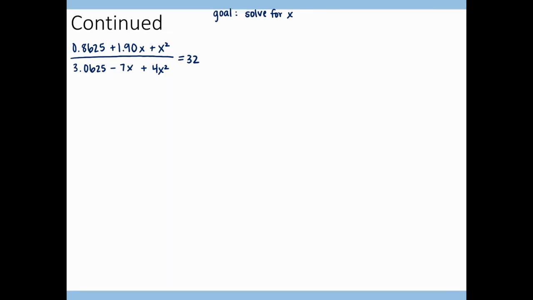But before we can use that, we need to get this expression into an ax squared plus bx plus c equals 0 format. And then we can use the quadratic formula.